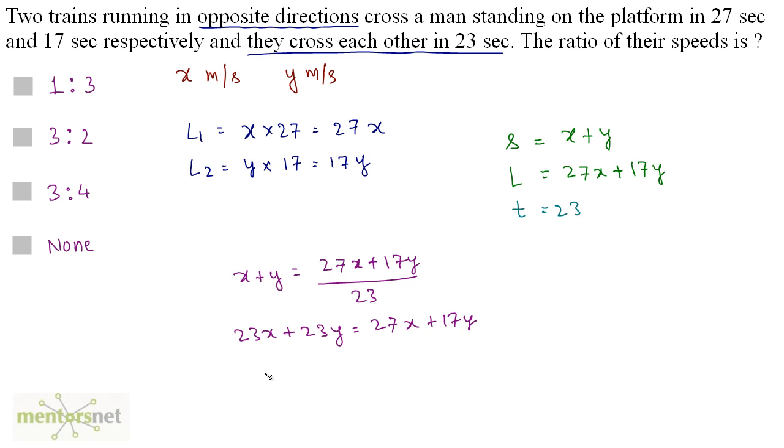So 23y minus 17y is equal to 6y, which is equal to 27x minus 23x is equal to 4x. So what we want is the ratio of the speeds of these trains. So what we want is x by y, and that is equal to 6 by 4, and that's 3 by 2. So 3:2 is the ratio of the speeds of these trains.